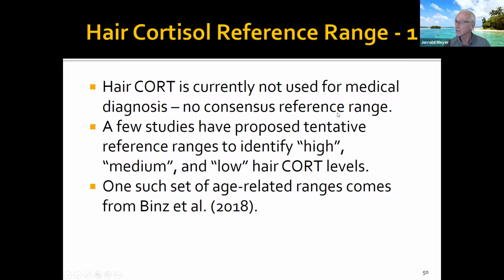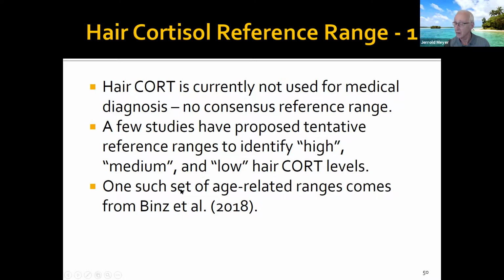Okay, so here's the reference range that I mentioned, so we can just reiterate the issues here. And this is the Binns paper that I alluded to, 2018. They're quite a good lab, and they do use the LC tandem mass spec. So it's good to keep that in mind.